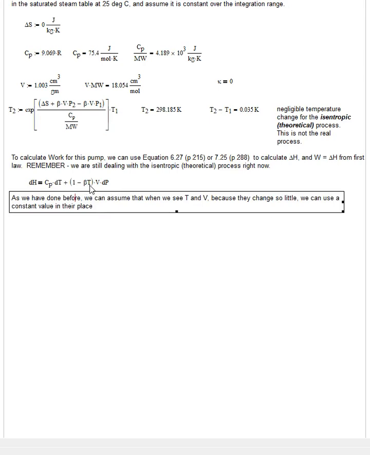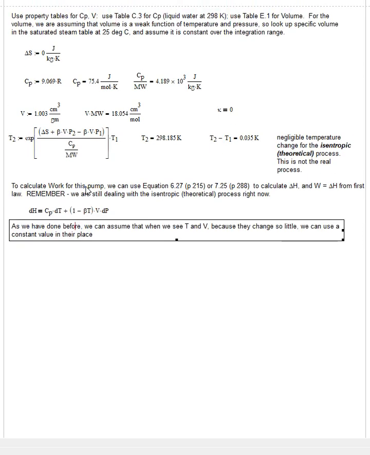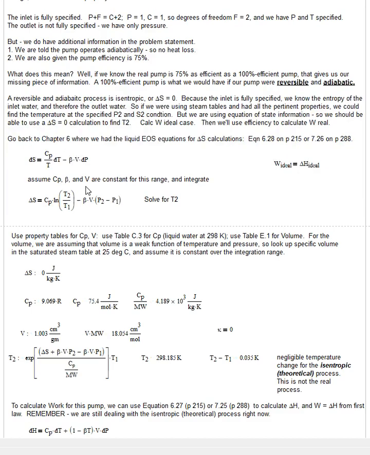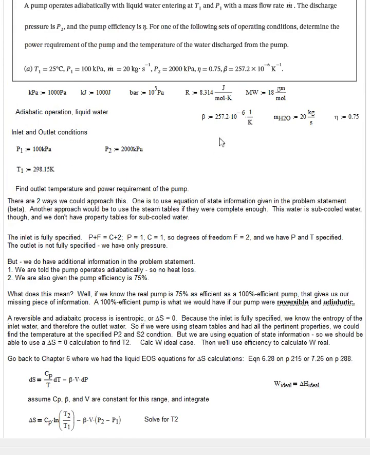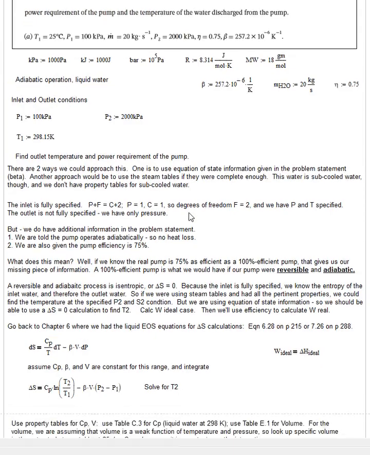So T is 298, give or take 0.035, right? Beta is the value of beta, up here on the page, 257 times 10 to the minus 6, so 2.6 times 10 to the minus 4.